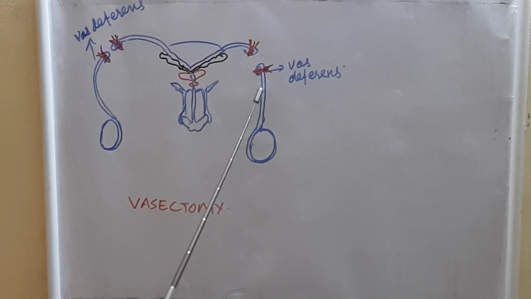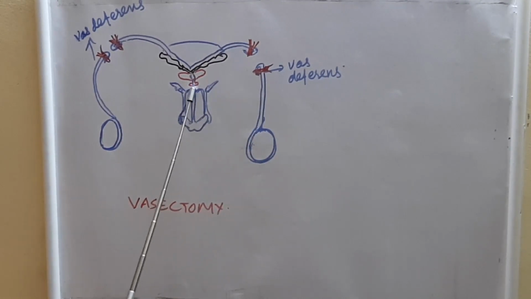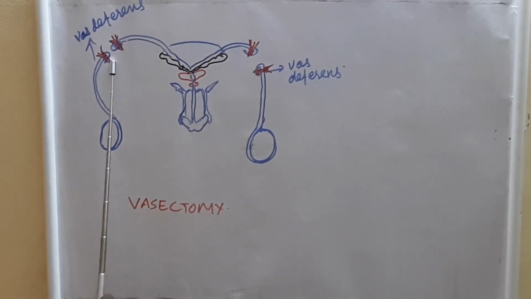This side also it is cut and tied so that the sperm released from here do not ejaculate and that do not lead to fertilization and pregnancy. This sterilization procedure is known as vasectomy.